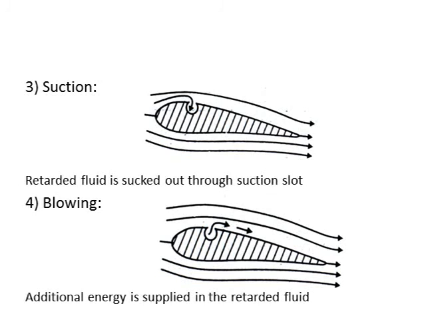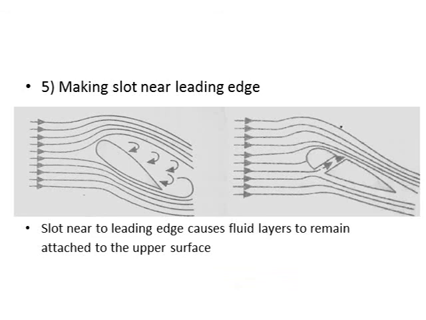Making slot near leading edge. In the first case, you see a large wake is developed and reversal of flow takes place. But whenever you provide a slot near the leading edge, it causes the fluid layer to remain attached to the upper surface. So size of the wake decreases. Sixth, by using guide vanes.